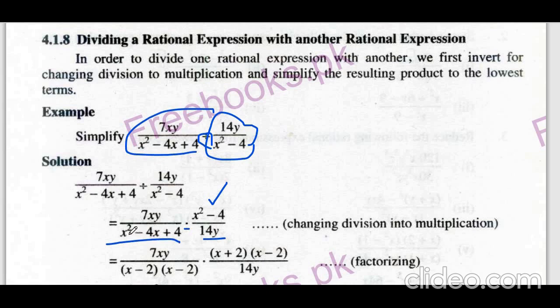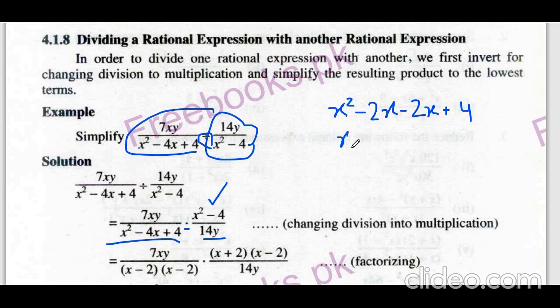Now the denominator of this first term, x square minus 4x plus 4, is a quadratic expression. You can factorize it: AC is 4, and the factors are 2. Write it as x square minus 2x minus 2x plus 4.